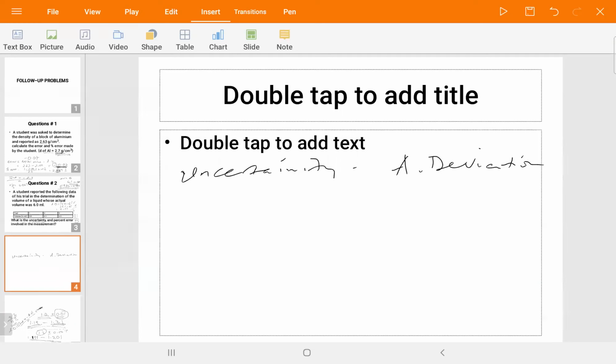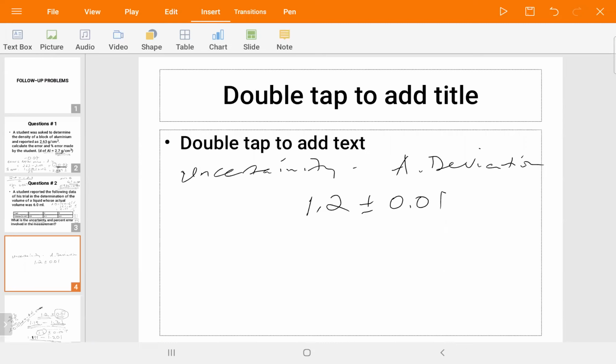So what does average deviation show us? Uncertainty in our measurement. What does that mean? For example, if I measure an object and the object is this long, and the uncertainty is 0.1, if you are given this information, can you tell me what this means?